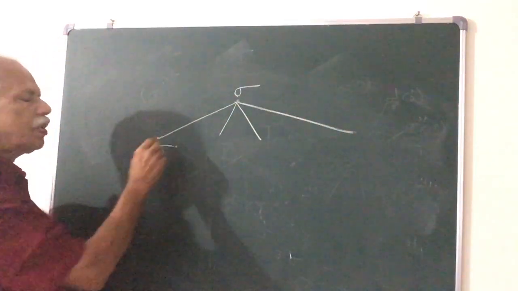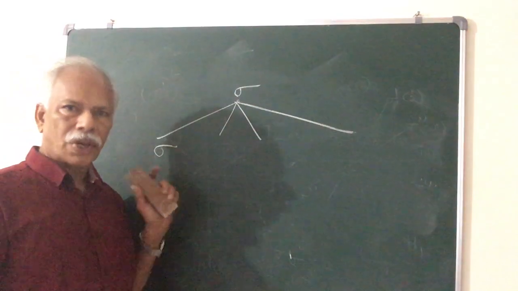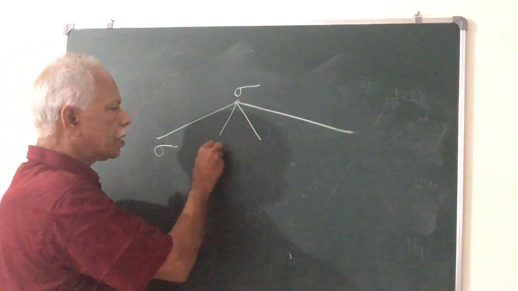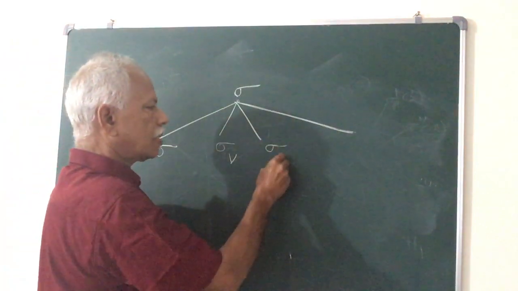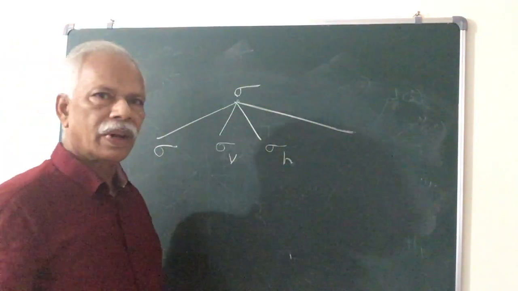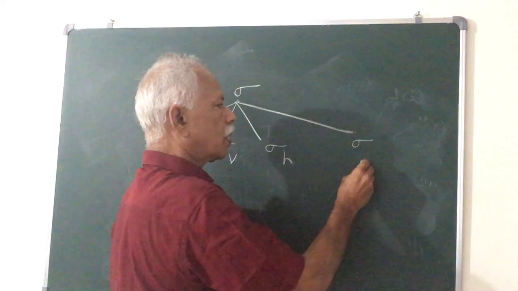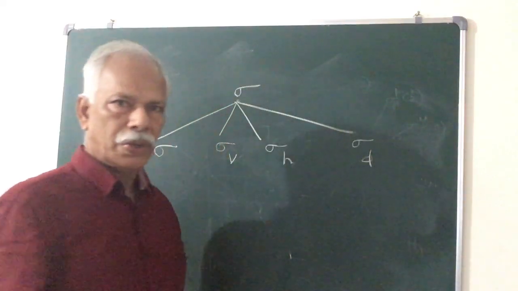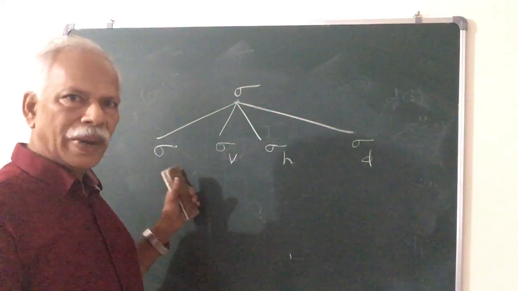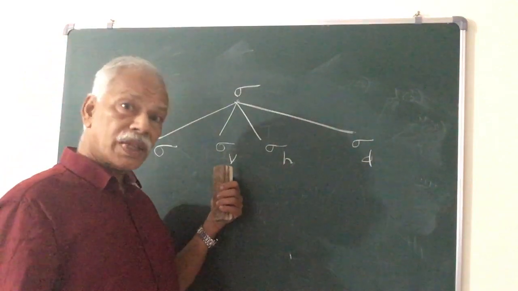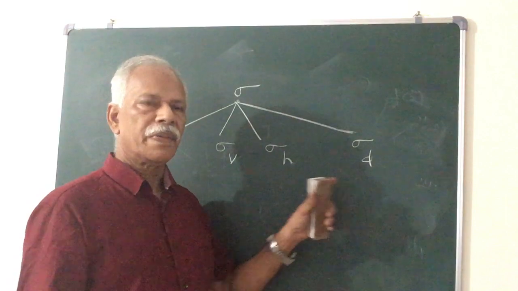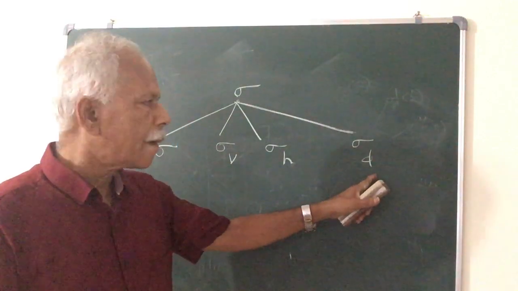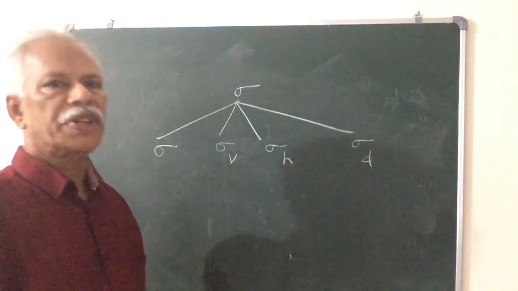A plane of symmetry without any subscripts attached to it, a plane of symmetry with a subscript V attached to it, a plane of symmetry with a subscript H attached to it, and a plane of symmetry with a subscript D attached to it. This is simply plane of symmetry. This is called vertical plane of symmetry. This is called horizontal plane of symmetry. And this is called dihedral plane of symmetry.